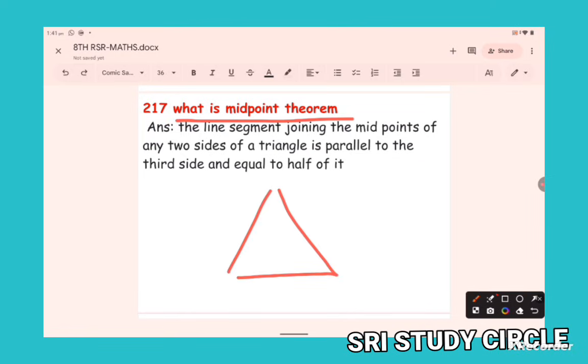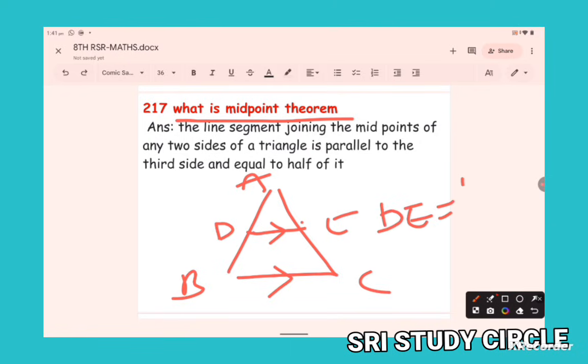In a triangle, a line joining the midpoints of two sides of a triangle is parallel to its third side and half of it. Suppose ABC is a triangle, D is the midpoint of AB, and E is the midpoint of AC. Now DE is parallel to BC and DE is equal to half of BC.